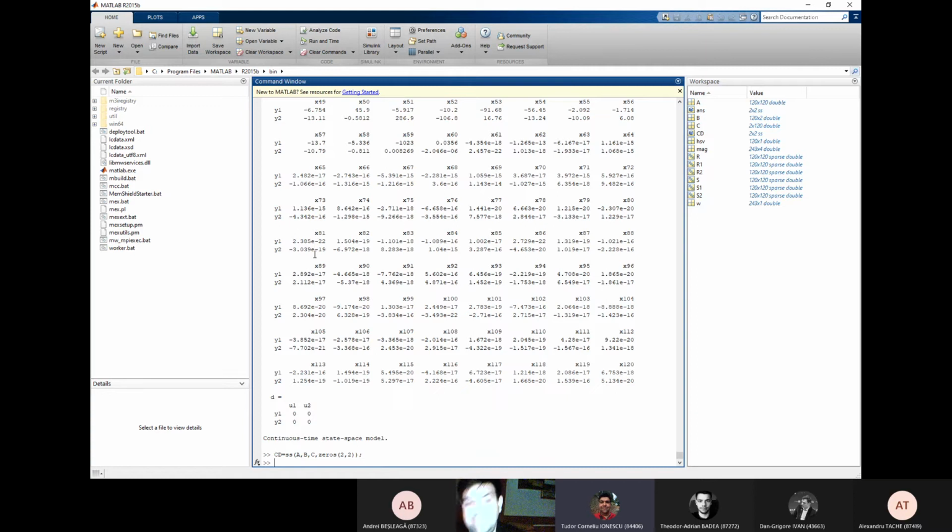Now we are trying to simulate it. For instance, let's check the step response. The Heaviside step signal. Are you people familiar with this signal?